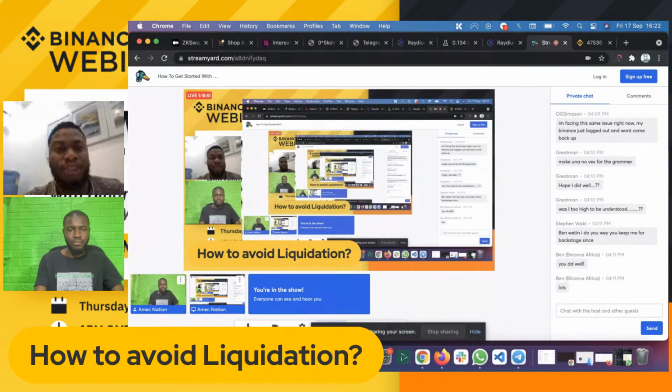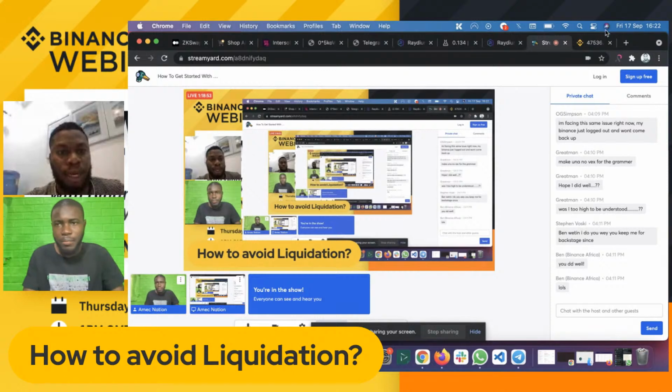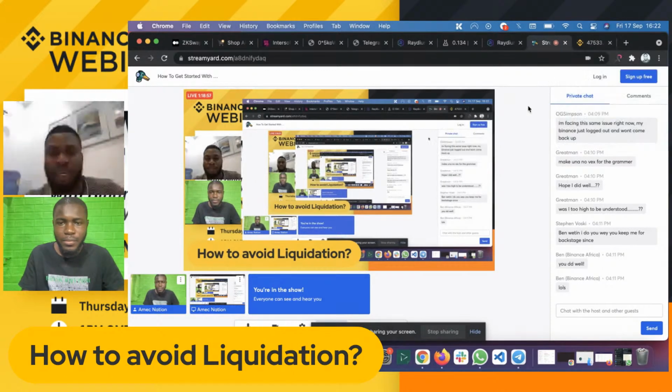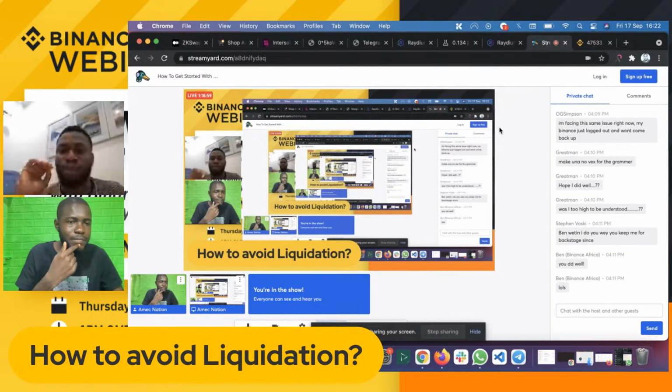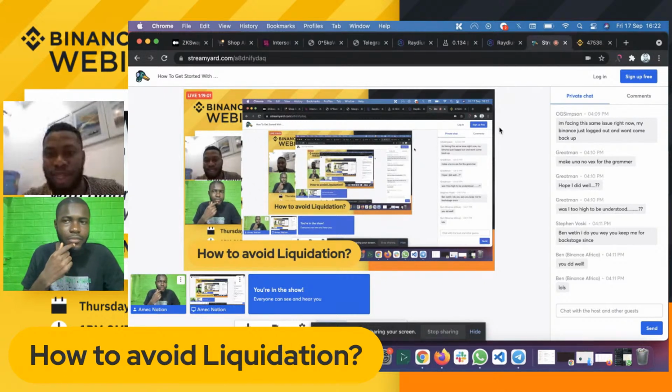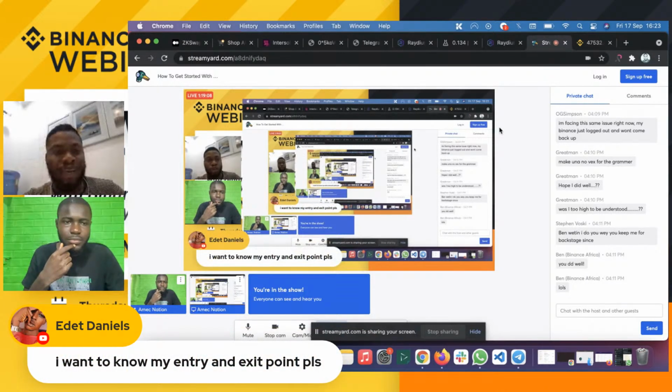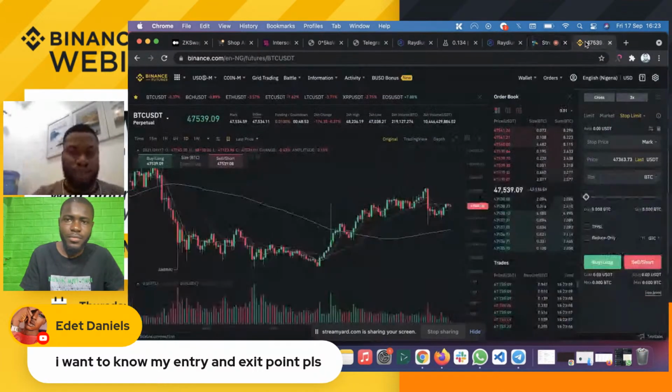Before I let you remove your screen, before you go, somebody in particular has been asking about when to set an entry and exit point, using the chat. I've seen the question numerous times on the chat: how do I know when to enter into a trade, and how do I know when to exit?